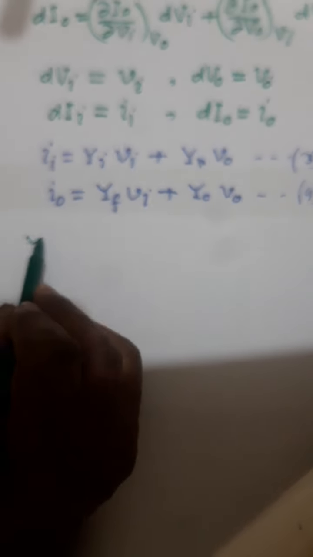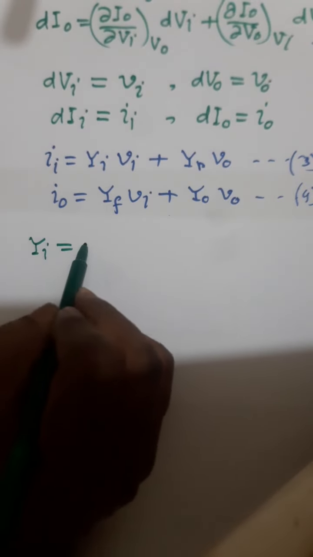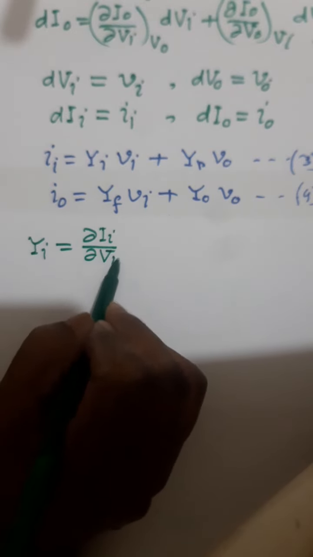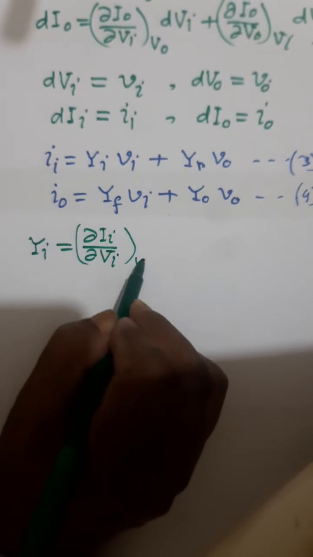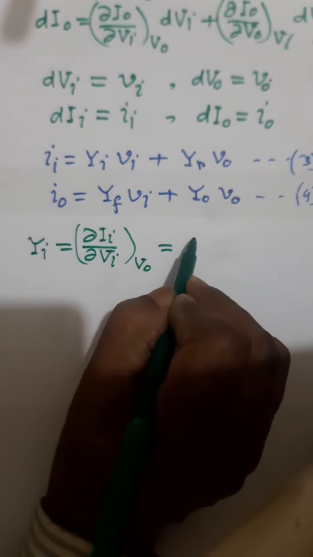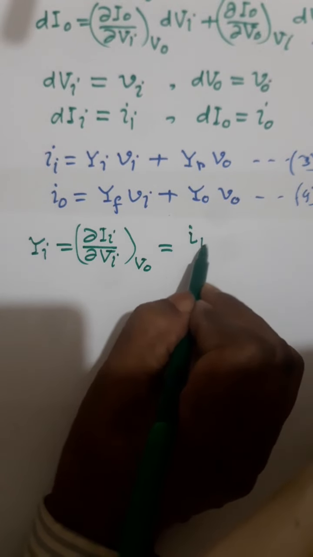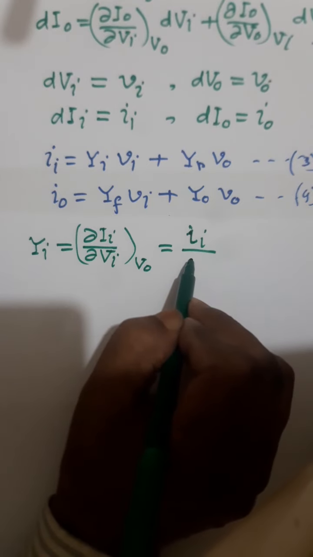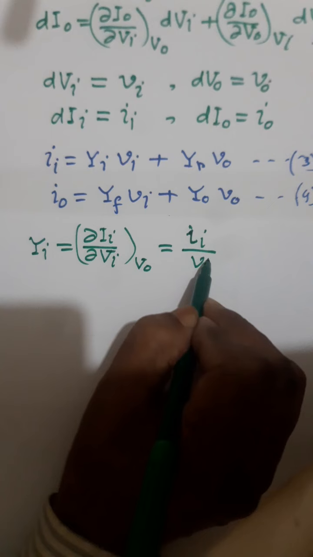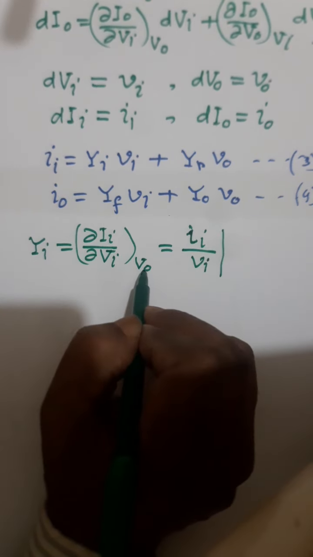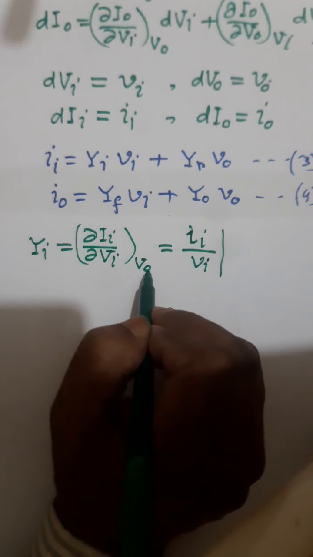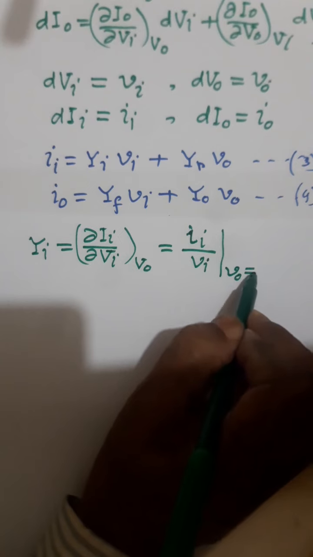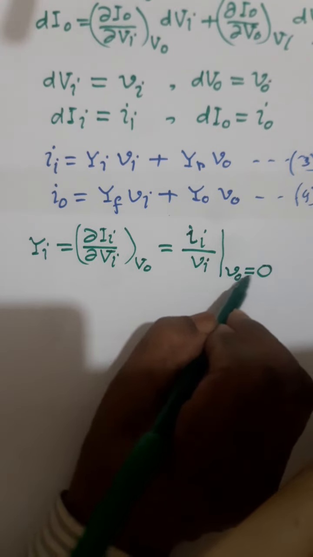Here Yi equals del Ii by del Vi with Vo constant, that is small ii, the AC input current, divided by small vi, the AC input voltage, with Vo constant, that is dVo equals 0, the output AC voltage is 0.